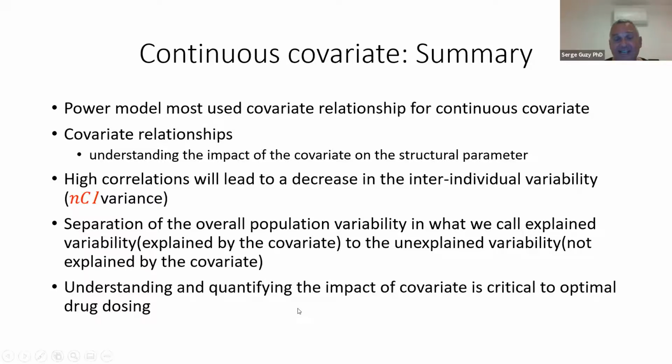And understanding and quantifying the impact of a covariate is critical to optimal drug dosing. If you have the ability to design, basically for labeling purposes, to change the dosing depending on some covariate, and you can see that it makes a difference, then that difference could be between the drug accepted or not accepted.